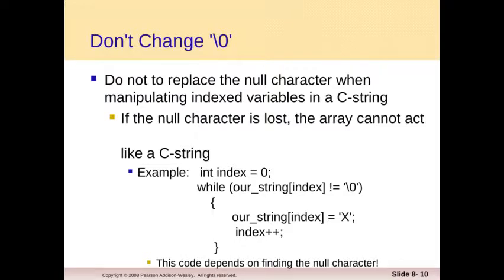Obviously, if you have a function that operates on individual characters, it is easy to lose that \0 by overriding it accidentally. You made a mistake in your program, and you accidentally override the \0, and then what you have is no longer a valid C string because it's not null terminated within the declared size.